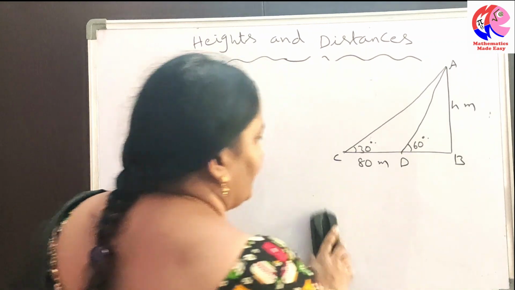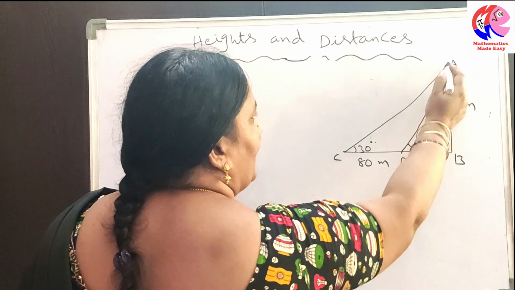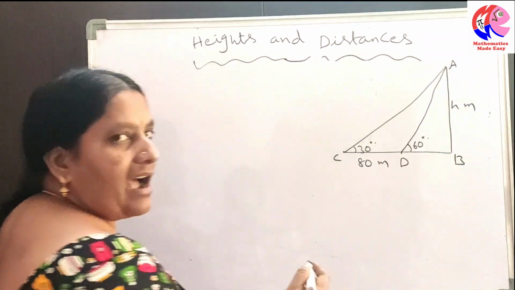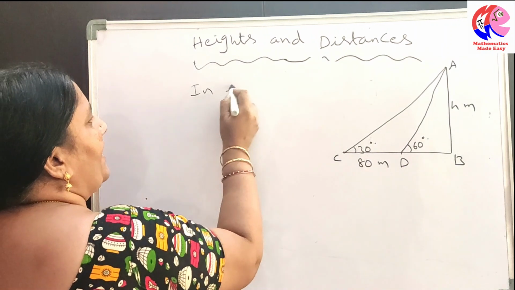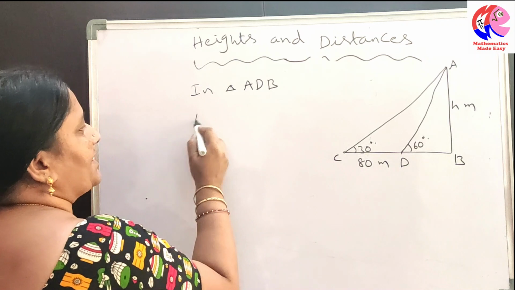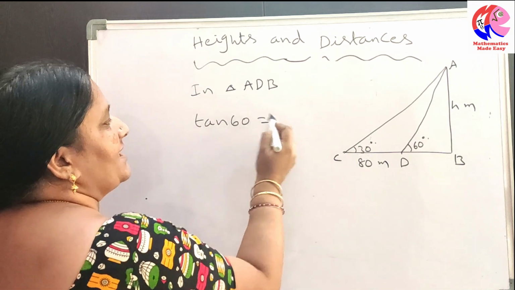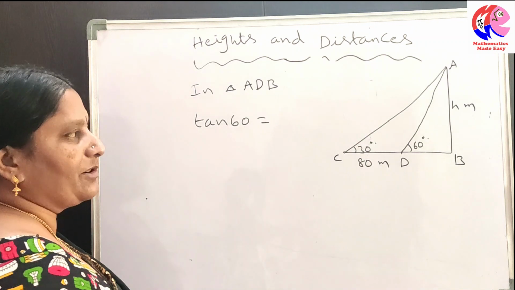We have to find it. First, consider the triangle ABD. In triangle ADB, we can take tan 60 degrees. We know that tan theta is nothing but the opposite side to theta by the adjacent side to theta.